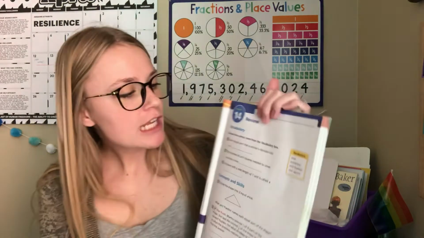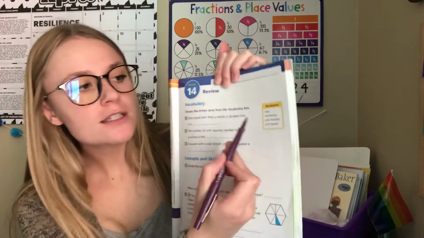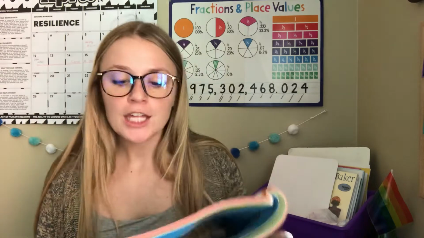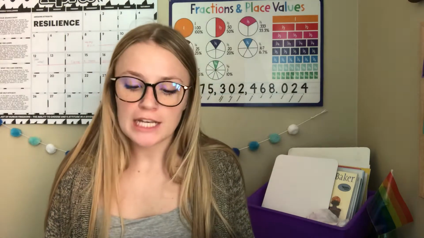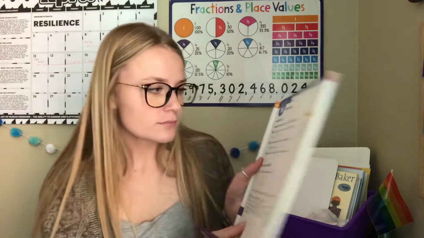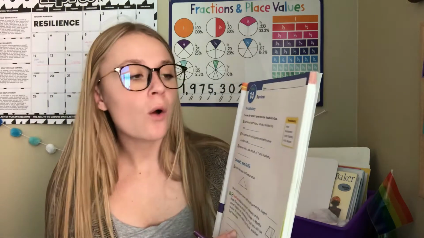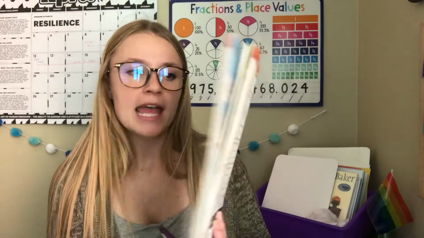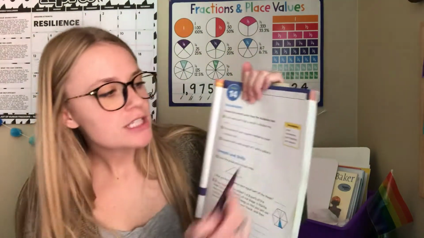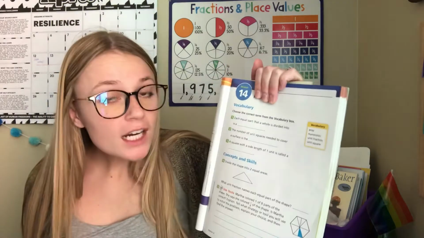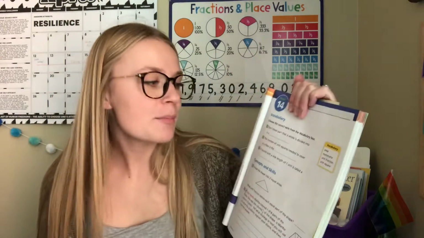Our first section is on vocabulary. In our vocabulary box over on the right, we have area, numerator, unit fraction, and unit square. Number 1 says, each equal part that a whole is divided into is blank. Out of our options, what do you think fits the best?